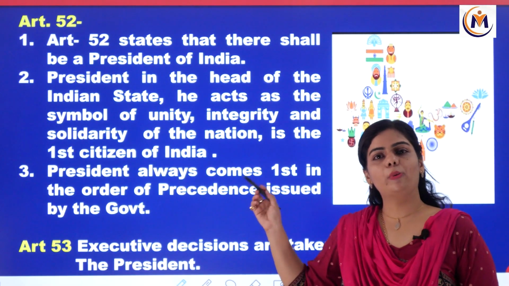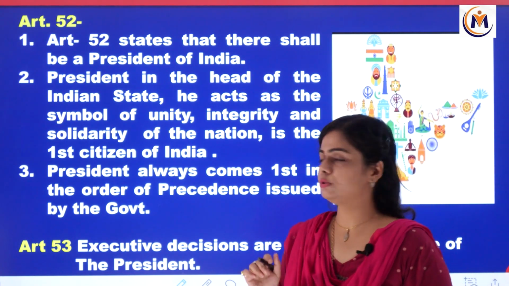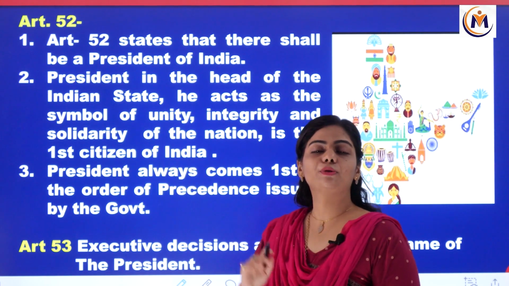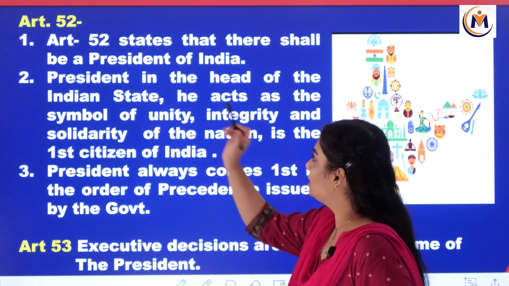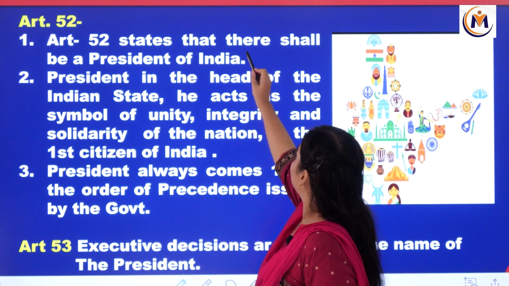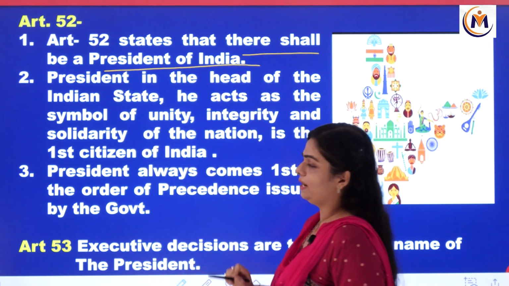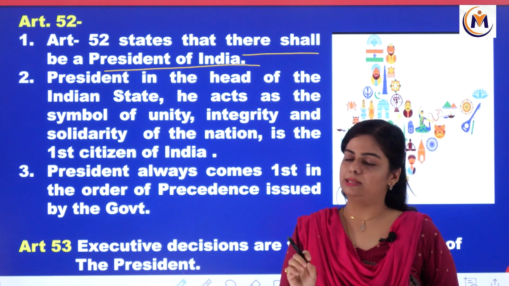So, now we are quickly going to revise a few articles related to the President of India. So, what are these articles? The first article related to the President of India is Article 52. Article 52 states that there shall be a President of India. So, it briefly mentions the post of the President.